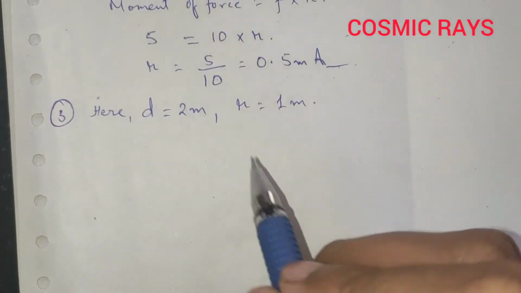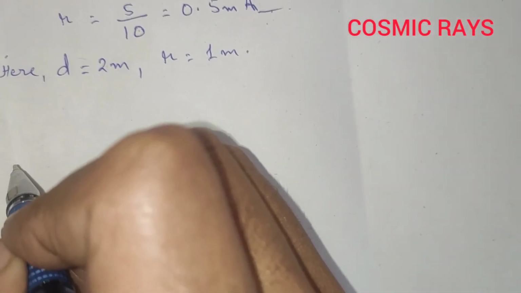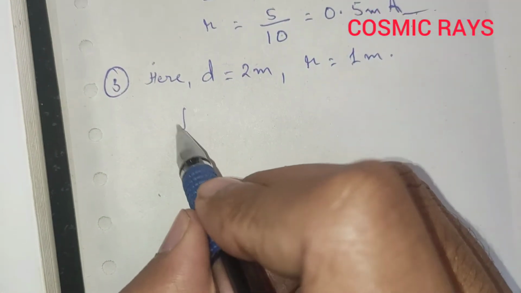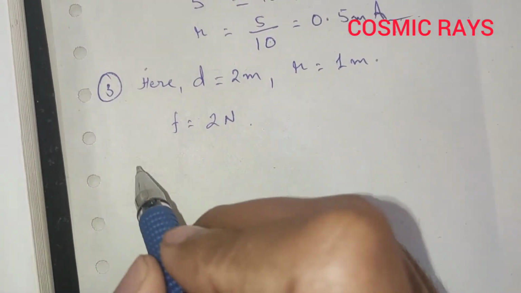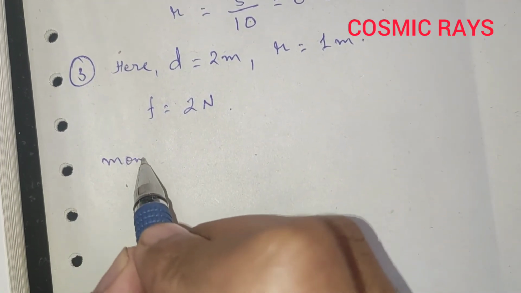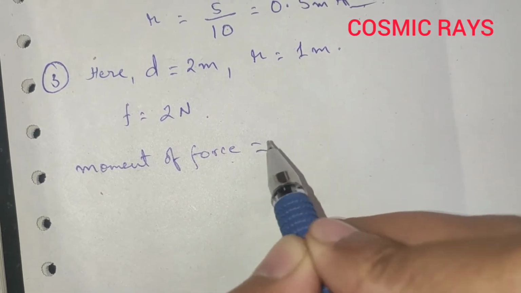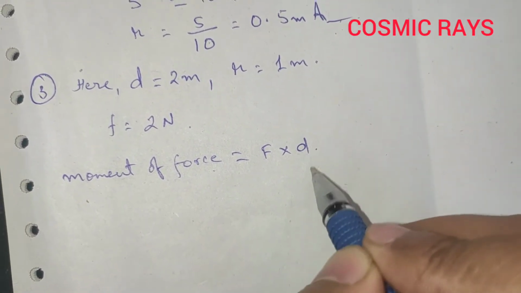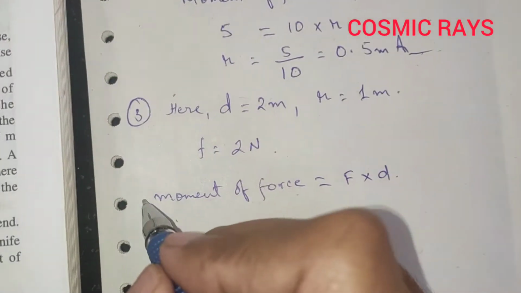Now moment of force, they have said in the question that a force of 2 Newton, so F is 2 Newton. Now moment of force is equal to F cross D, or we can write F cross R. This is for the first one.